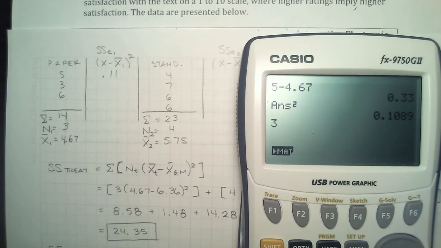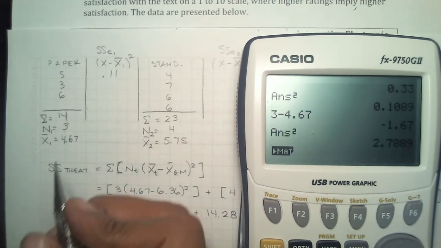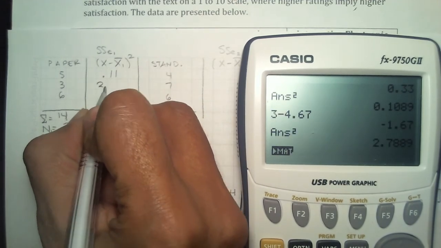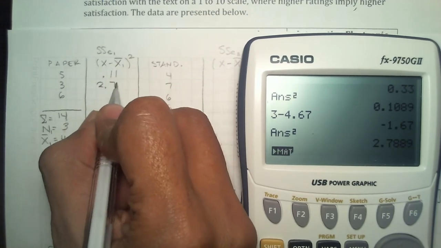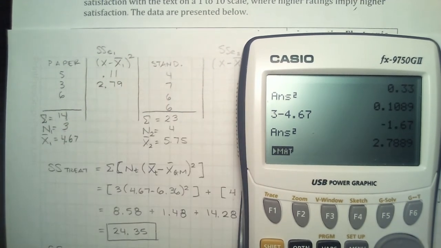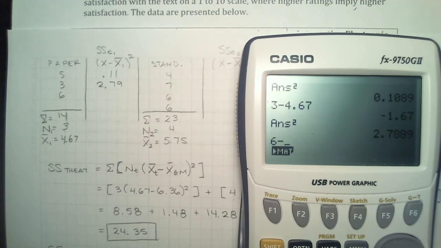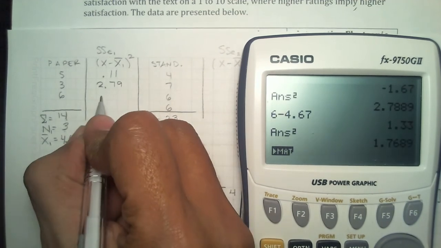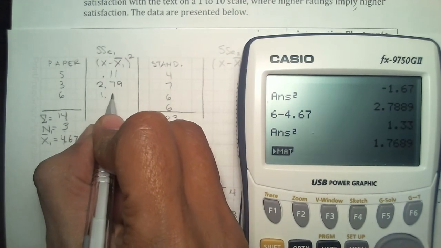Next is 3 minus the group mean, 4.67. It's negative 1.67. I square that and I get 2.79. Next is 6 minus the group mean, 4.67, and I square that, 1.77.